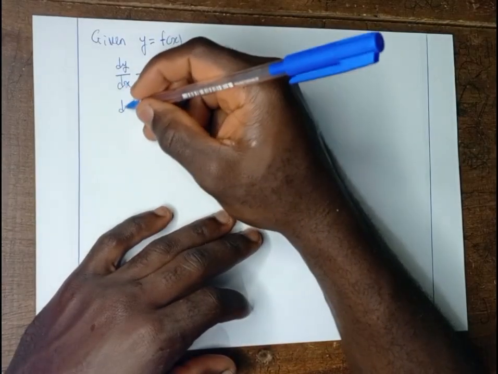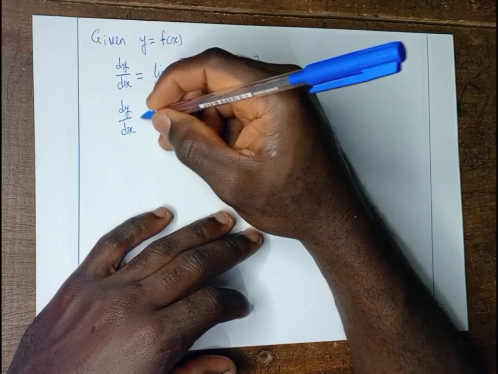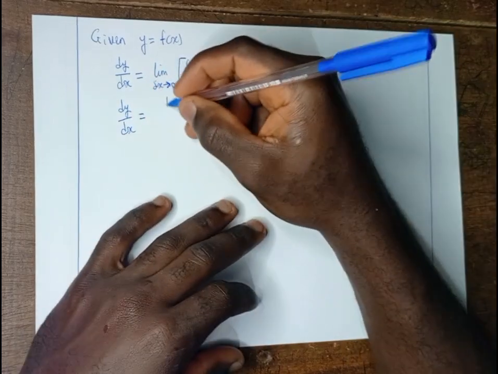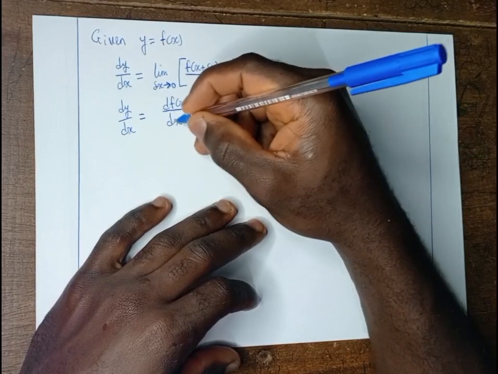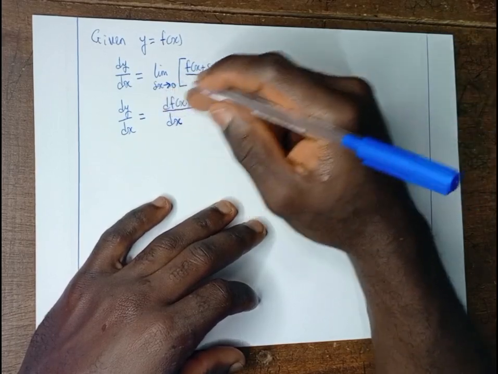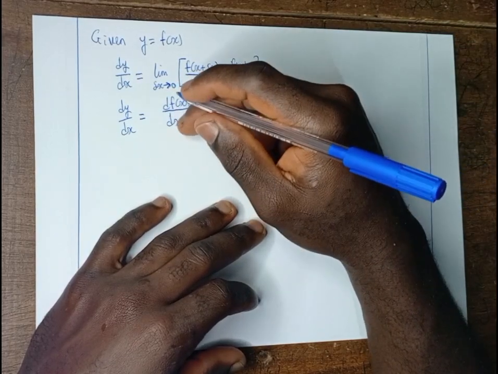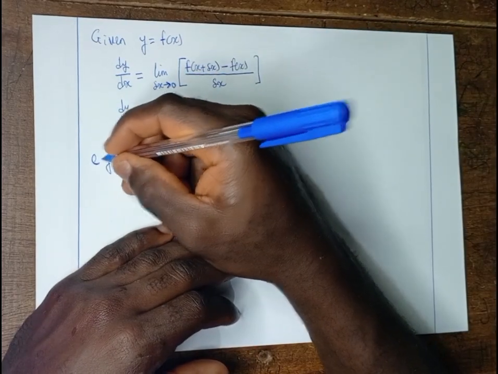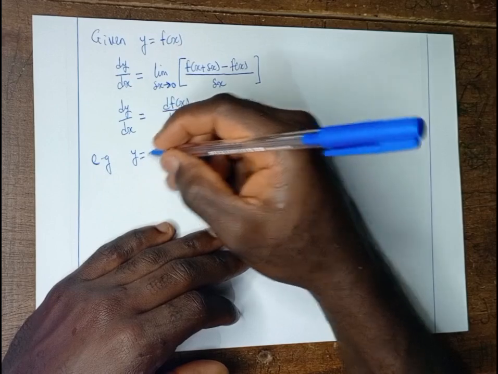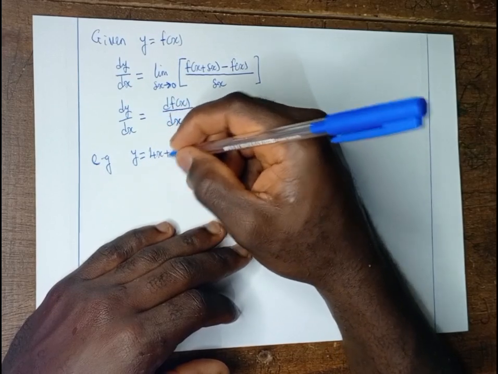We know that this dy on the x here is the same as the f prime of x, so we are differentiating the function f of x with respect to x. Let's take, for example, y is equal to 4x plus 2.